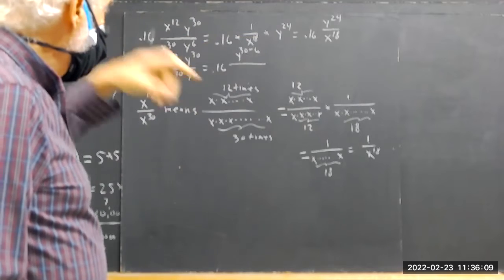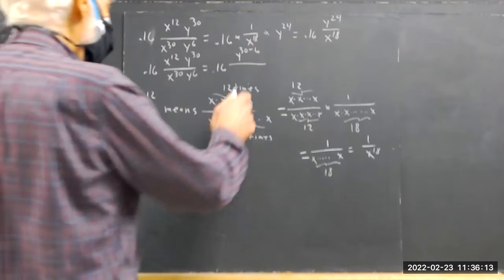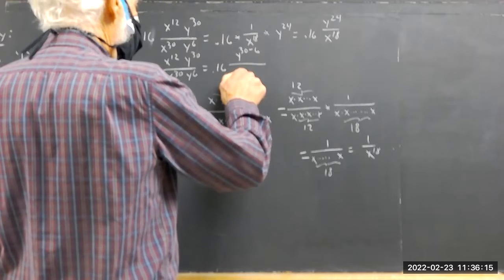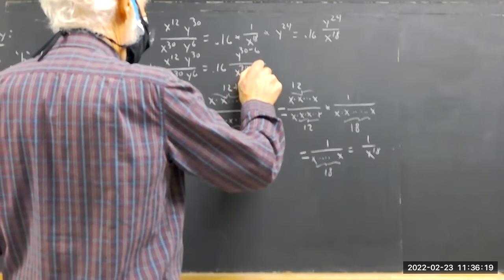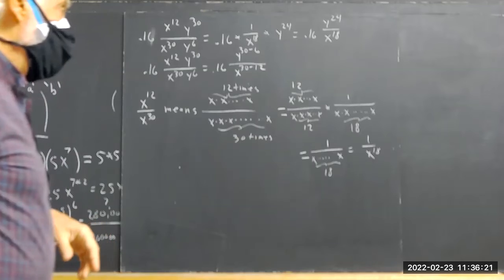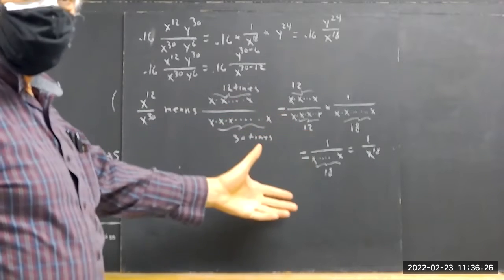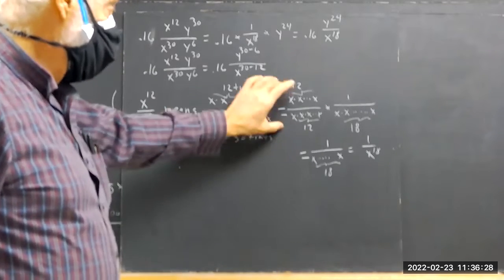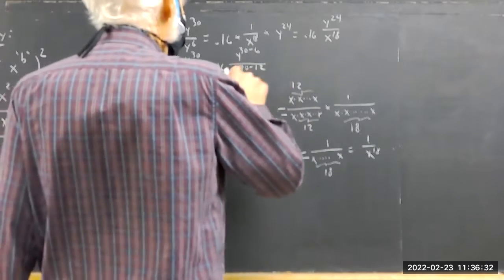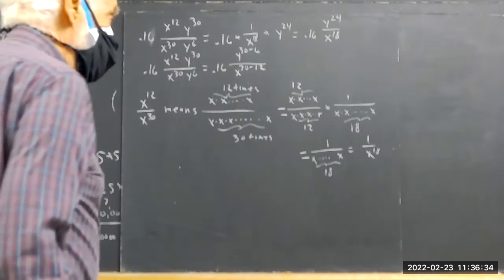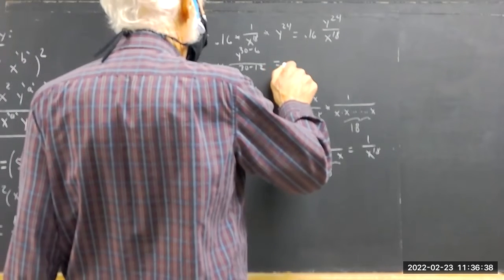So we get y to the 30 minus 6 over x to the 30 minus 12. You see from here why we got the 30 minus 12, because we got 30 of these, matched up 12, leaving us 18. So this is one way the rule works.